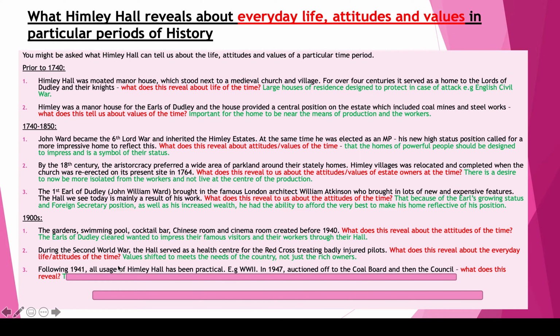Following 1941, all of the usage of Himley has been practical. For example, as we just discussed, World War II. However, you also get practical use as just after the war in 1947, the hall is auctioned off to the coal board and then the council. Well, what does this reveal to us about everyday life, attitudes and values in this particular period after 1940? Well, it shows us that the hall changed to a practical purpose due to the changing situation of the time.